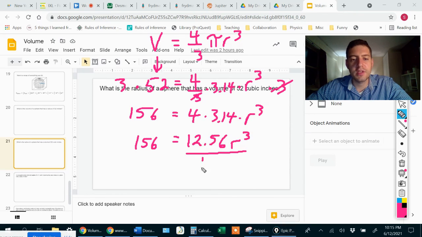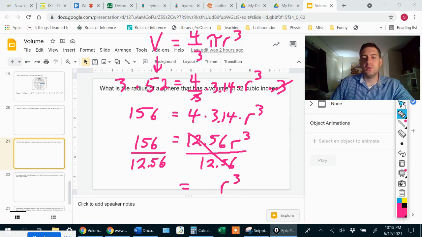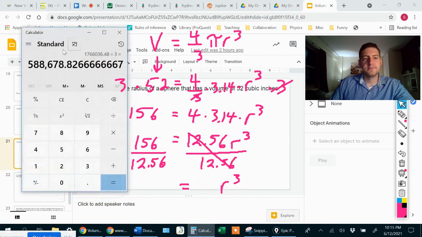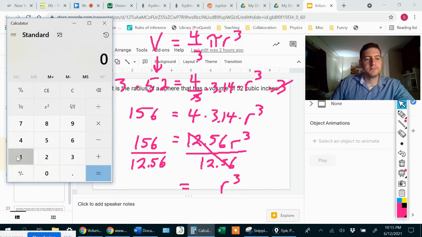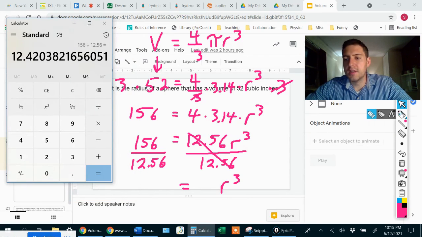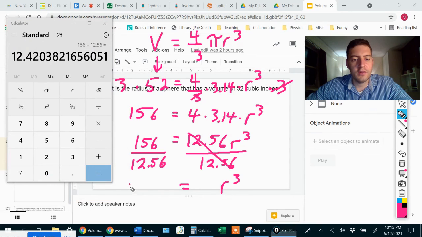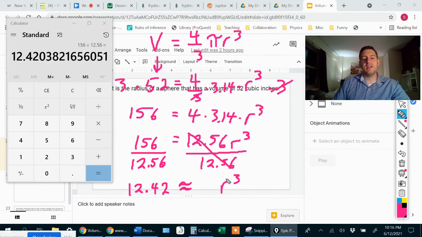Now let's divide both sides by 12.56. Get r to the third power is equal to approximately 12.42. And now we have to take the cube root.